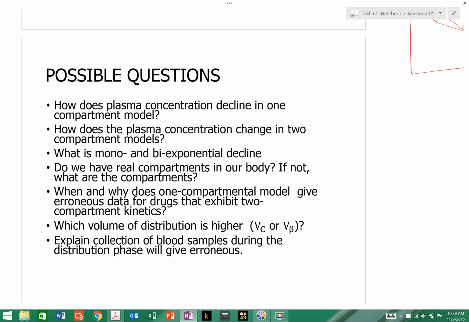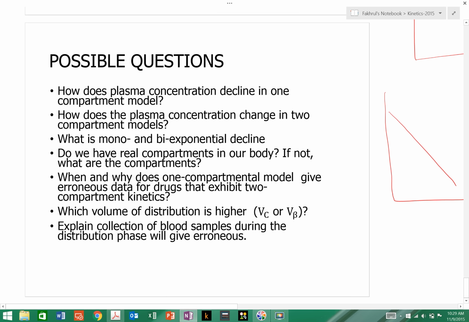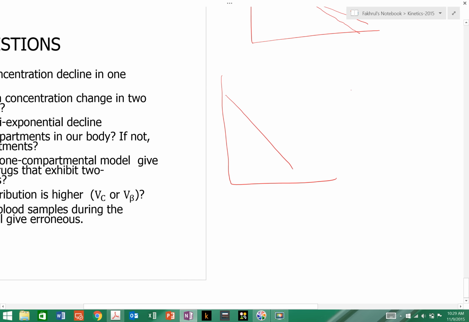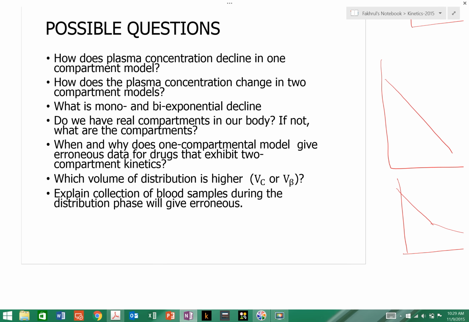So now, a possible question: how does plasma concentration decline in a one compartment model? As you can see, plasma concentration declines like this. It's mono-exponential. And how does plasma concentration change in a two compartment model? It changes like this. It is biphasic or biexponential. What is mono and biexponential decline?